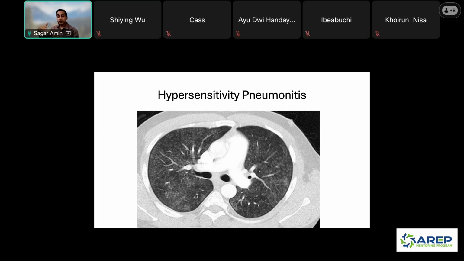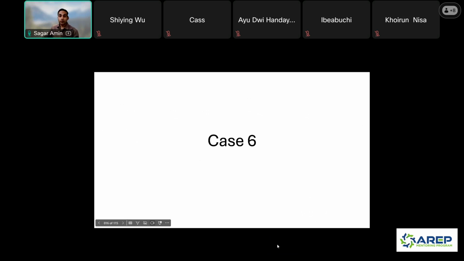Half the time they might actually find something, half the time they don't. But on the imaging appearance, it has some unique features, as in this case, or the three density sign, and the air trapping, that's very unique and specific for hypersensitivity pneumonitis. All right, next case.